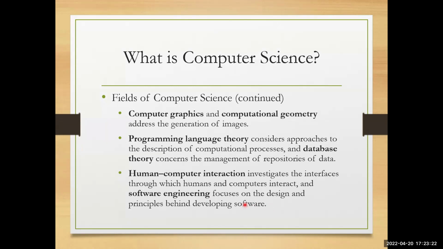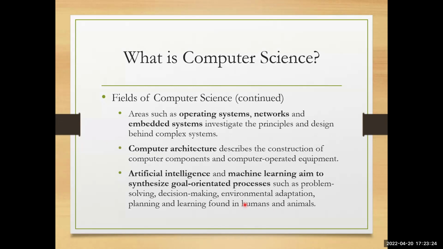Of course, we still have more fields. The areas such as operating systems, networks, and embedded systems investigate the principles and the design behind complex systems. Sometimes our problems may be very complex, because we need to have complex systems to solve these complex problems.